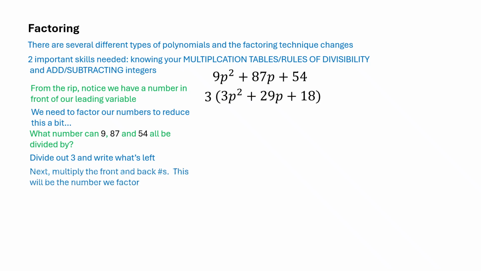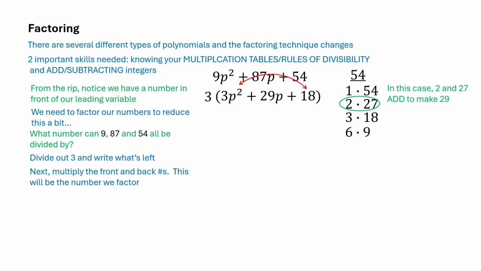Just like last time, we're going to multiply the front and the back numbers together, and that's going to be what we list the factors of, which is 54. So I'm going to list my factors. All right. And now I have to look through the factors and I need to pick a pair of numbers that will give me 29. 2 and 27 works.